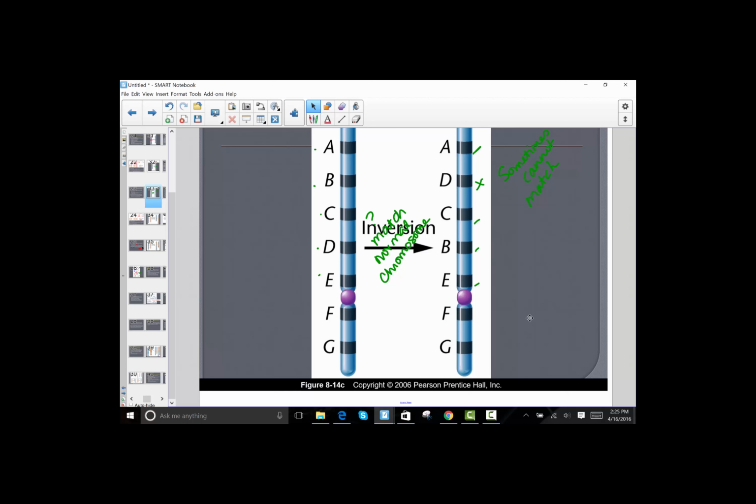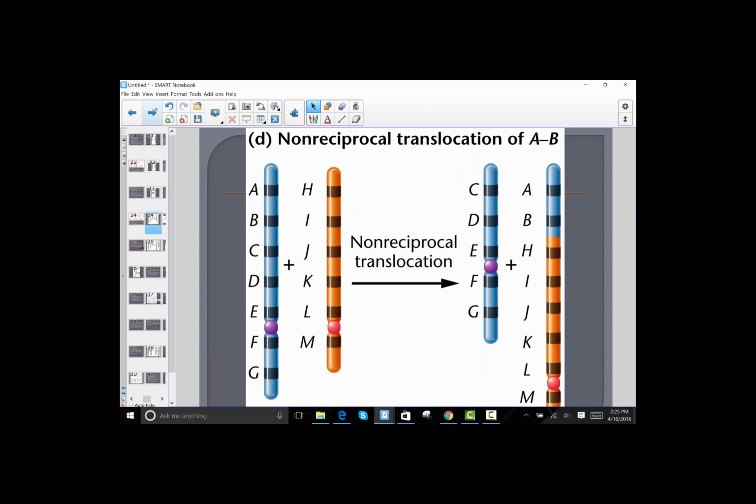And the next thing that we're going to talk about is translocation. Okay, so there are 2 different types of translocations. We are actually going to talk about non-reciprocal, so non meaning not, so non-reciprocal translocation. And if you remember, we have 2 different chromosomes here.